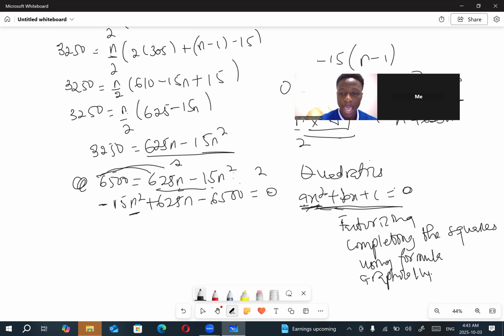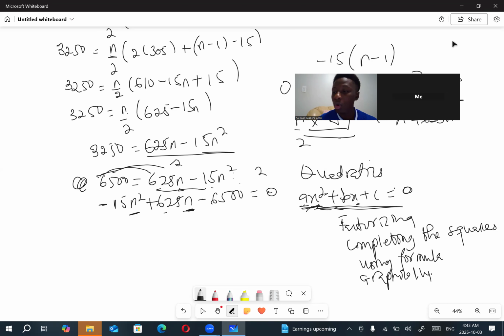The B is whatever has the variable without a square, which is 625, positive. You punch 625, then press equal to.